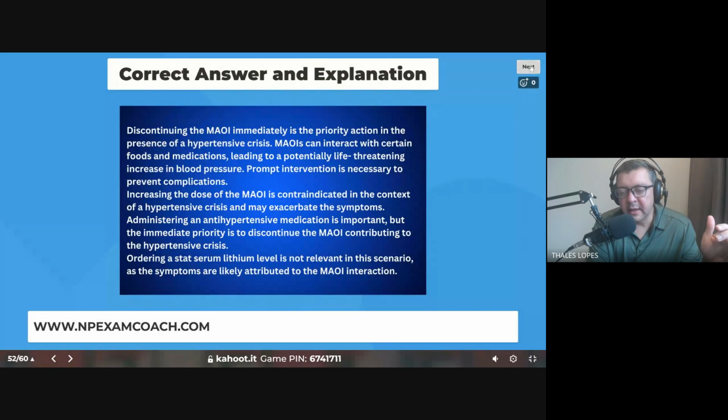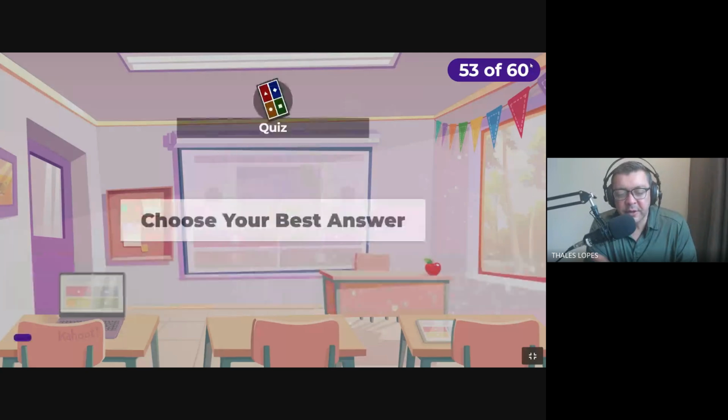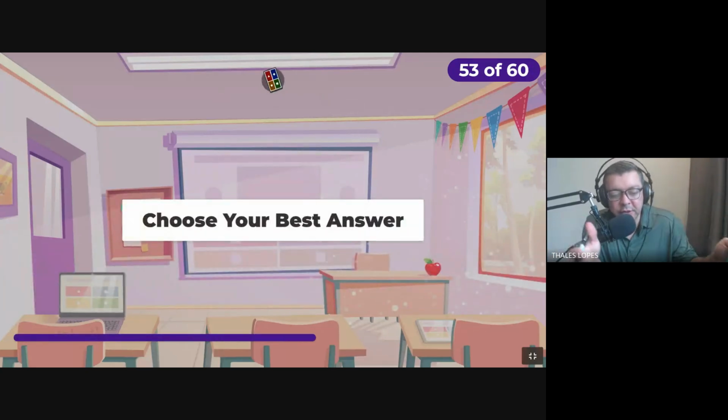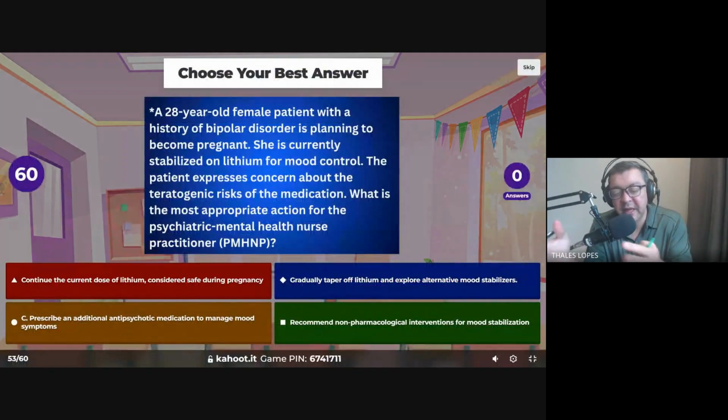Maybe the mistake in the answer there, missing the letter M instead of a D, may cause you to pick a different answer. But hopefully you understand the point. You want to discontinue the causative agent before you address it with something else.